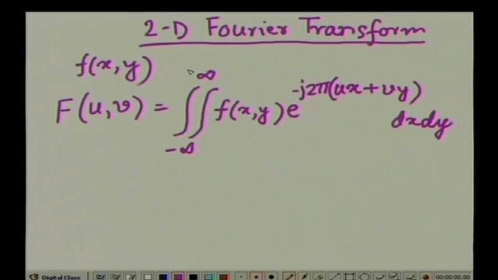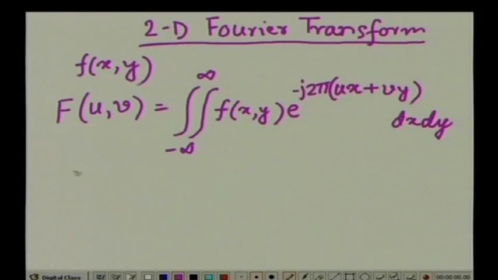So, we find that from a one dimensional Fourier transformation we have easily extended to a two dimensional one, and the integration is taken over x and y, because our image is a two dimensional function of two variables x and y.